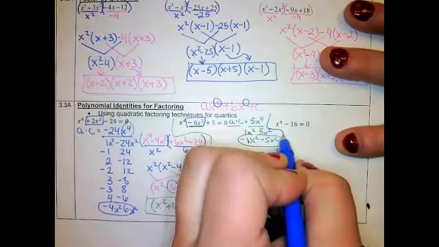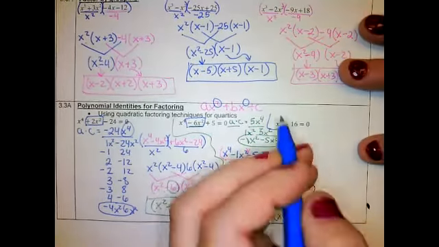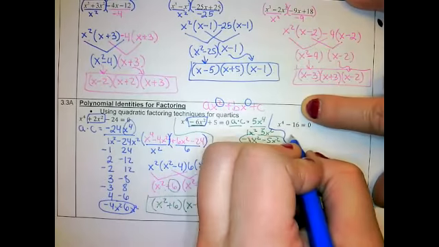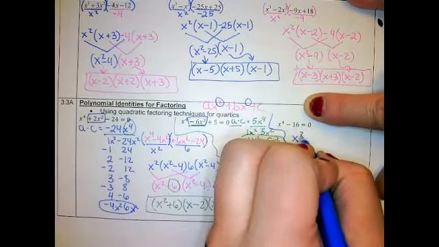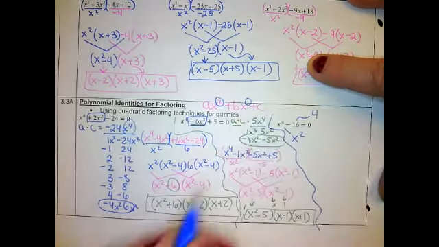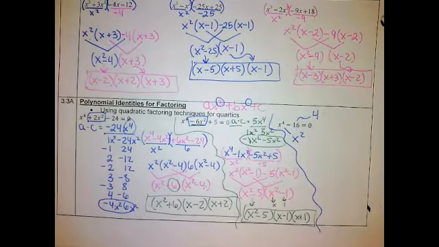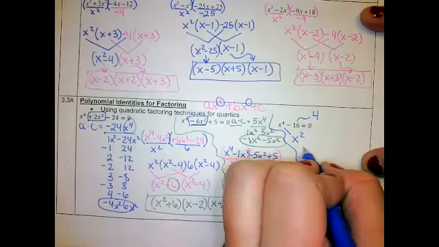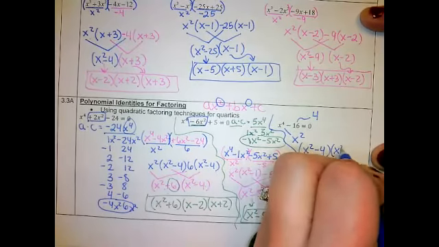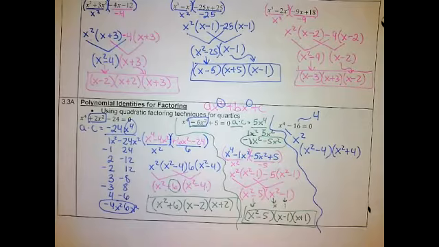The last one, x to the 4th minus 16. So just looking at this, I can see that x to the 4th is a perfect square, and it breaks down to x squared. And 16 is a perfect square, and it breaks down to 4. So now I can break that down to x squared minus 4 times x squared plus 4.